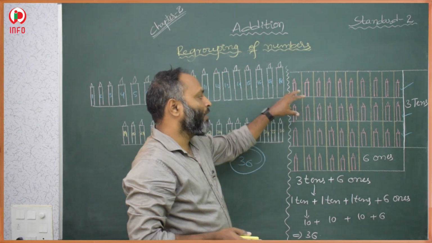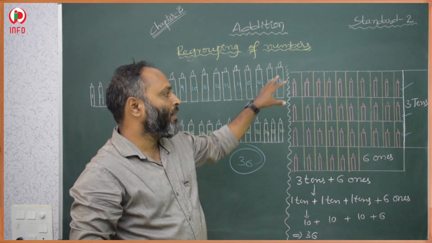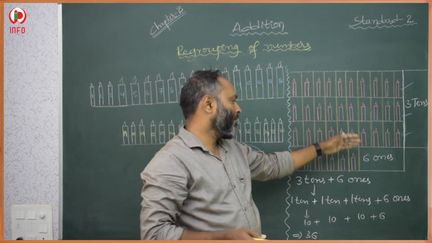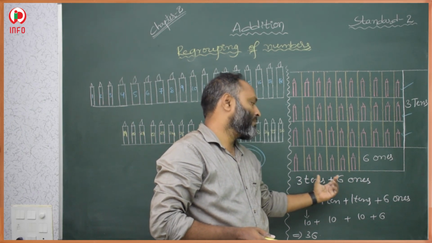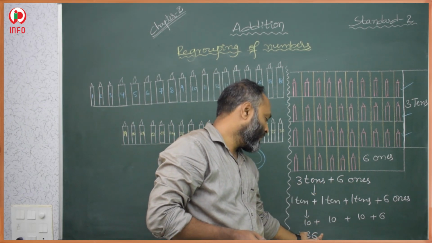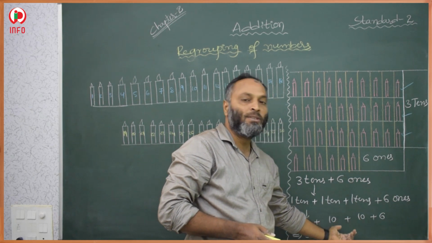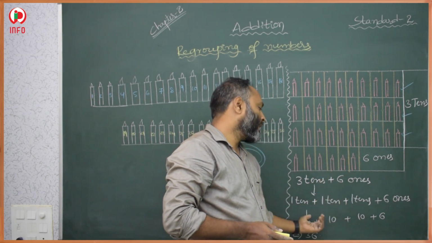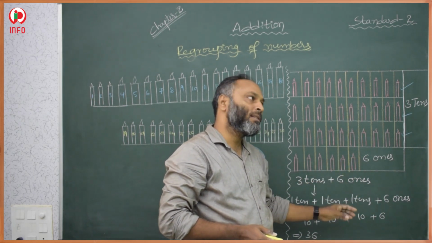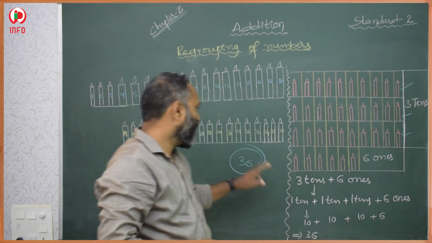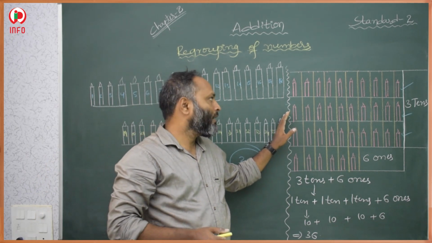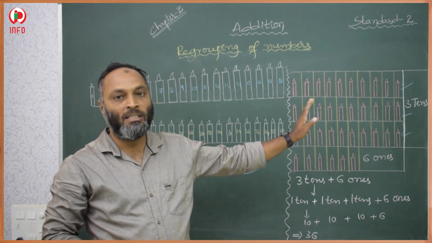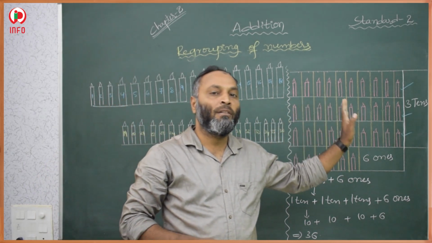That many tens we keep in tens place, and what is left we keep in ones place. Then check: 3 tens plus 6 ones. 3 tens is 30, and 6 ones is 6 only. 30 plus 6 is equal to 36. This is equal to our number of pictures. This is the arrangement, how to arrange in tens place and in ones place.